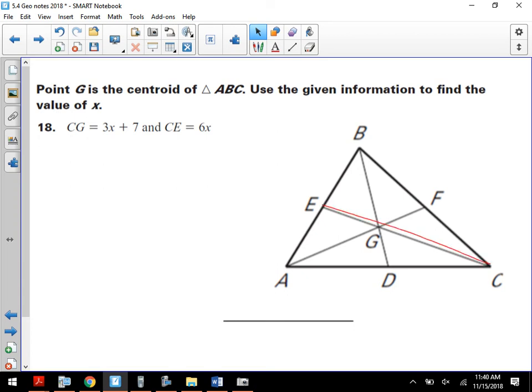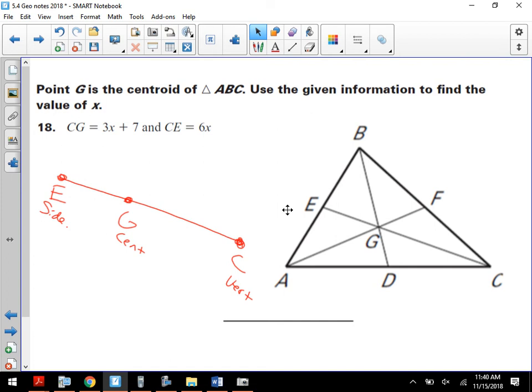That's this segment. Vertex, centroid, side. All I'm doing is labeling. Okay? Because you can do segment addition, can't you?